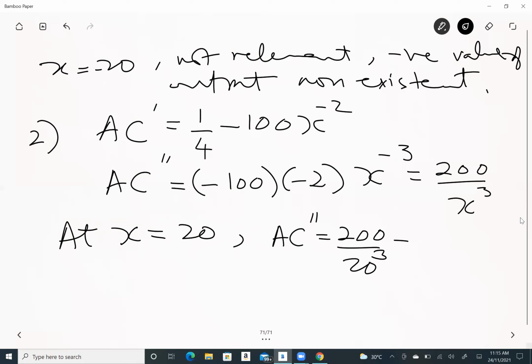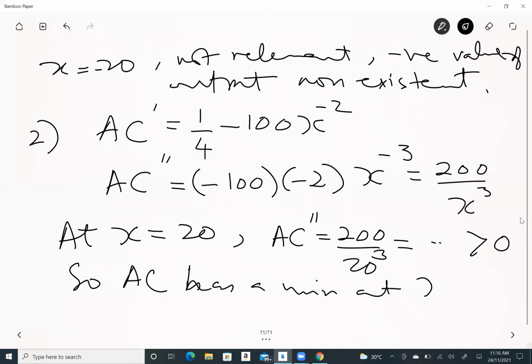That will be equal to whatever the value is. You can find it, all right? But you know that will be positive. That is positive. So what? So average cost has a minimum, okay, at x equal 20.